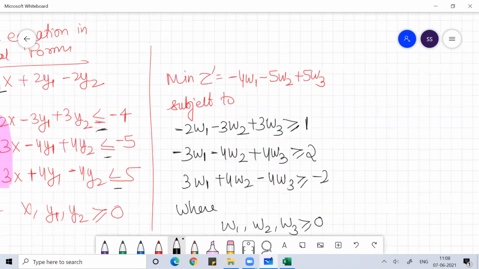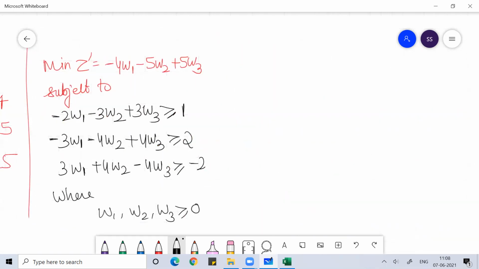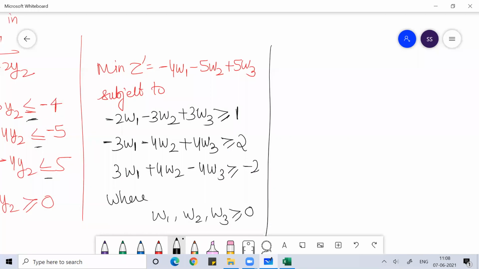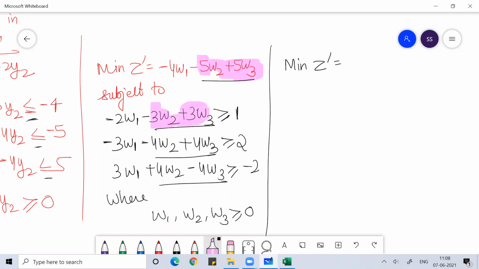So once you write them like this, guys, now what I can do: minima of Z dash. Again, if you notice W2, W3, you can easily write a third variable because they're always in the W2 minus W3 form.